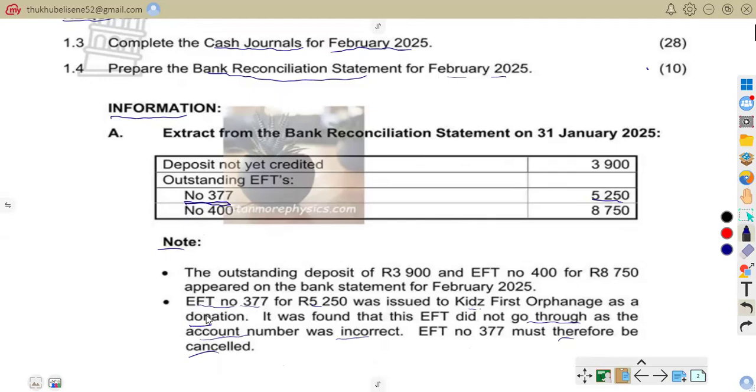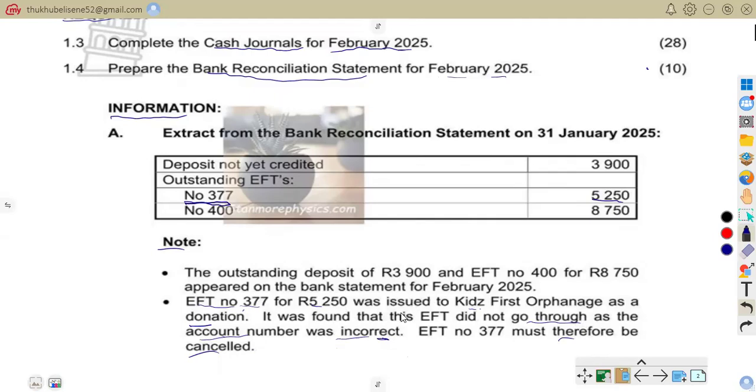This is an electronic funds transfer of this much that was issued to Kids First Orphanage as a donation. But it was found there is an error there. This EFT did not go through as the account number was incorrect. So it means no payment has been made yet, and now this must be cancelled.